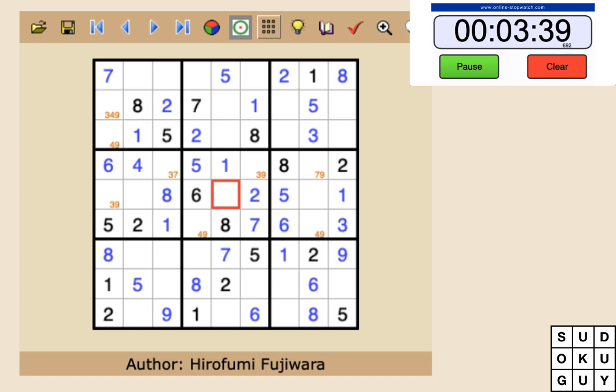Yeah, I don't think that takes me any farther. This is 4, 7, 9. This is 3, 4, 9. That's what's left. Okay, bottom row. 3, 4, and 7.